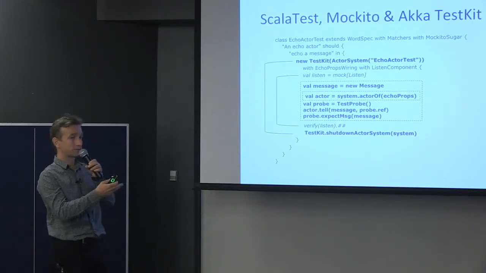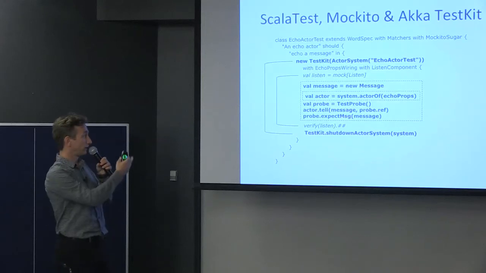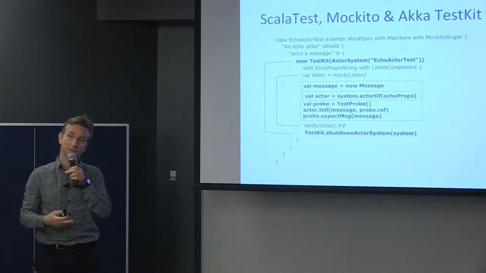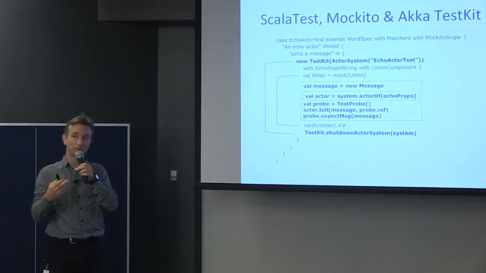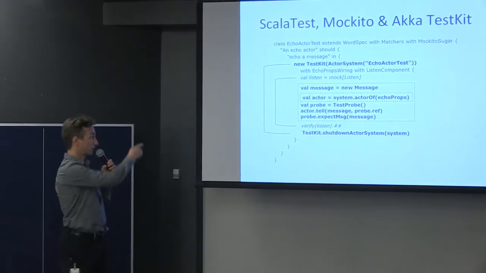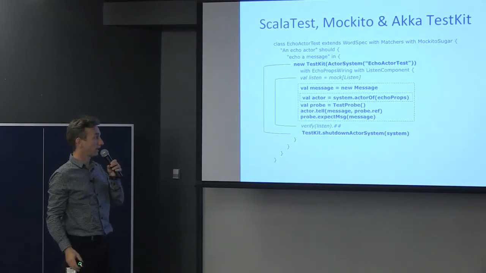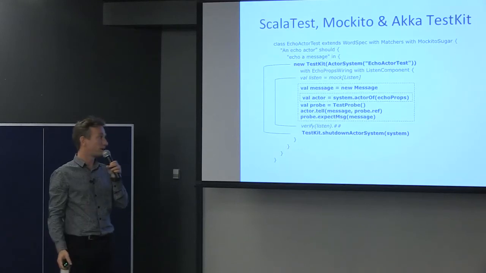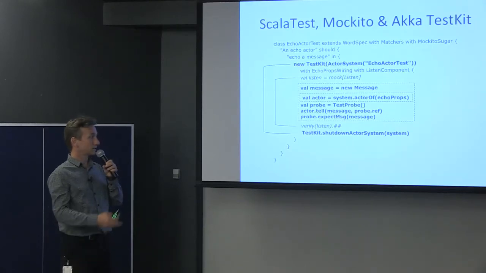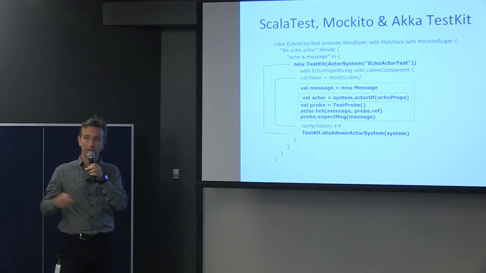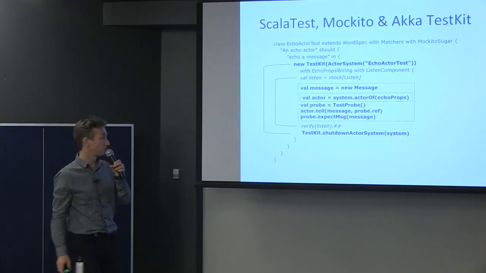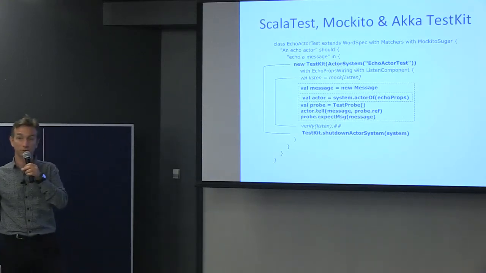Although I'm sending the message to the actor, I want to make it look as if the probe sent it, so I expect the reply to come back to the probe. That's why on the next line I'm saying probe expect message: that's the message I expect to be replied. Then inside this actor, it should be pinging the listen component with the hash function, so we're just using Mockito to verify that that method's been called.